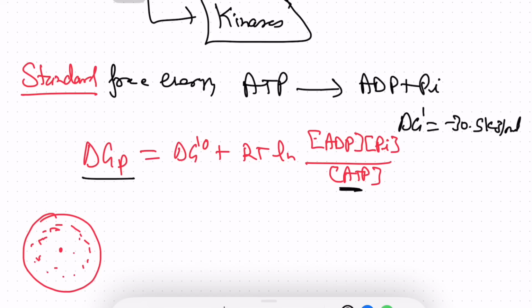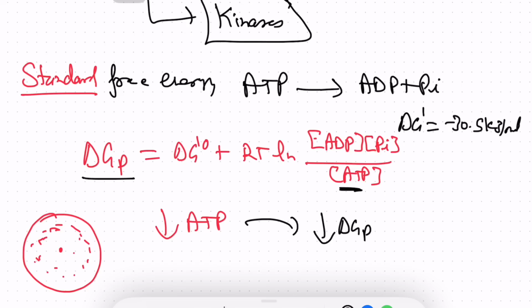So keep in mind if within the cell the concentration of ATP drops, we are going to see a lower value of delta G p, less release of energy.